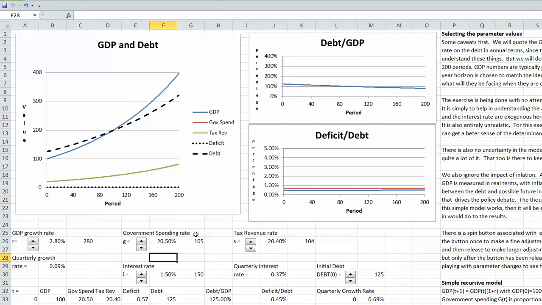We're still running a deficit here, but we're getting, if you will, the debt under control this way, and long term this would be fine if we were doing this. So the point of this exercise is, if you're in an R greater than I regime, small deficits are not a big deal. Big deficits are a big deal, and what small and big is depends on these values.